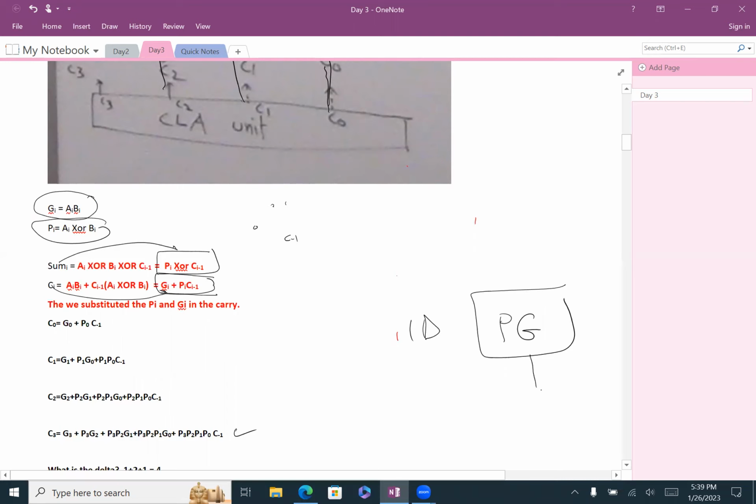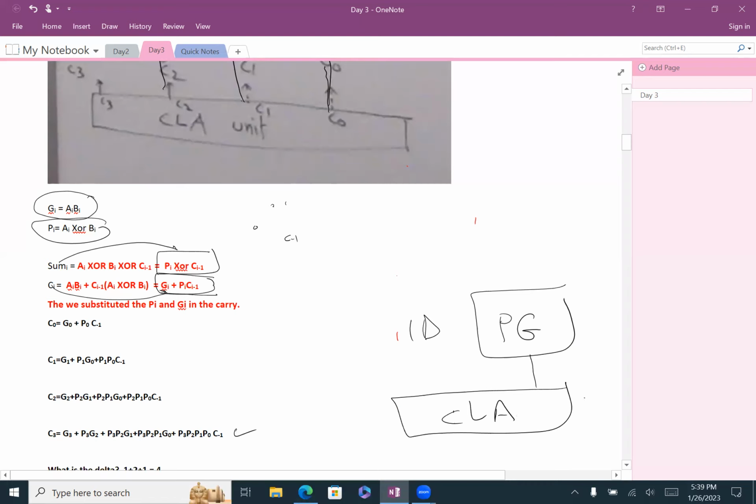Then this one has to go to the carry look ahead circuit. And remember, when we keep expanding the circuit or the equation, even if it's complex, we will get to the point where we have only how many levels? 2 levels.